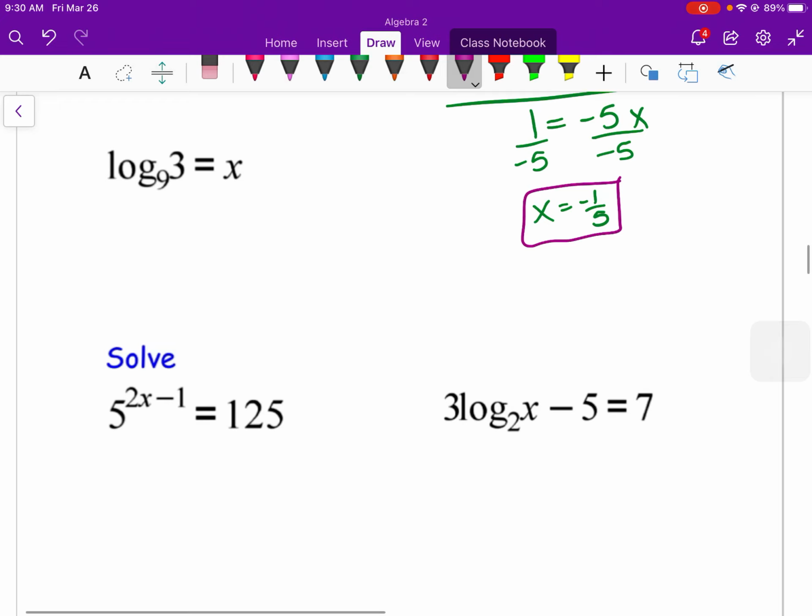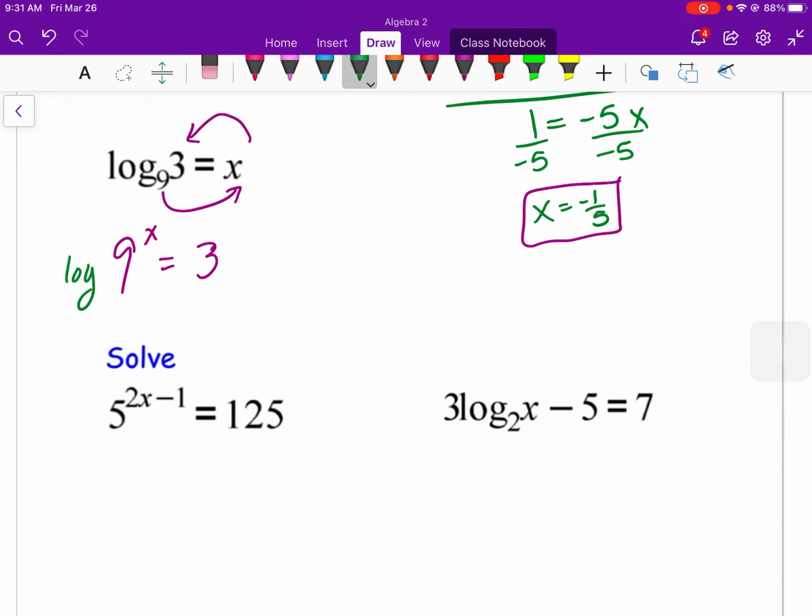All right. In this one, you could exponentiate each side, so take it to the 9th power on each side, and we'd get, this would cancel, 3 equals 9 to the x. Or you could rewrite it using your log rule, so 9 to the x power equals 3. But then you have to take the log of both sides, so log of this side and log of this side.